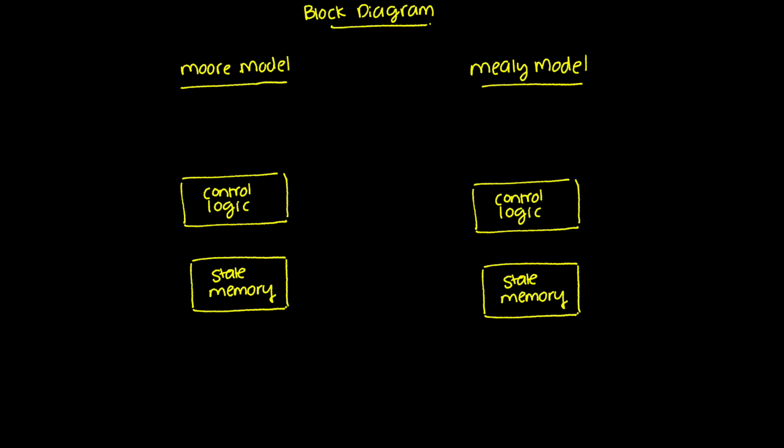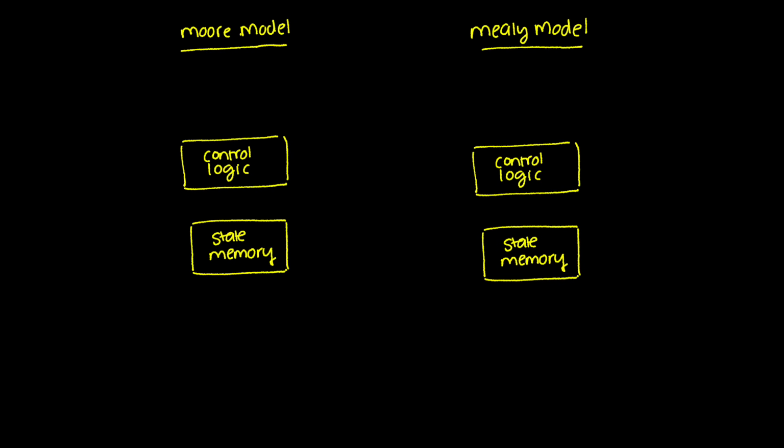What I'm going to do is in the Moore model, recall that coming out of my state memory, I had 3 flip-flops, so therefore I had 3 Q's. And before I do this, let me just show another commonality. There's the clock input, right? The state memory is composed of flip-flops.